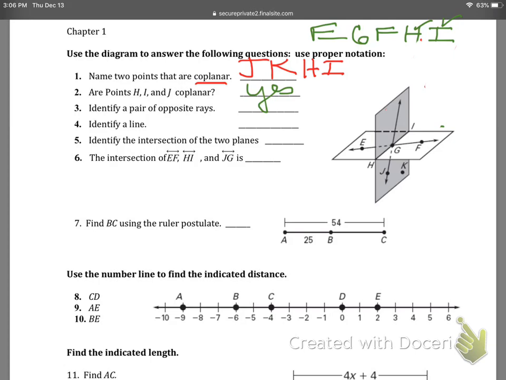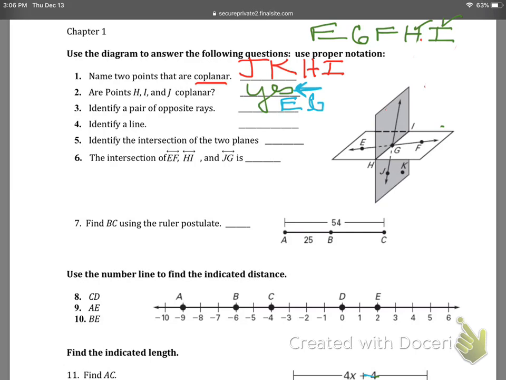So if I write EG, so we'll go back to blue, here's EG. I'm going to have the arrow go this way so that it's starting at G and going over to E. Okay, so that's one ray.